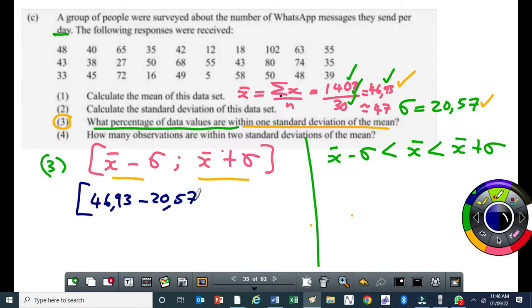Whatever value we get for the difference is the lower limit of that interval, which is one standard deviation. Then the upper limit will be 46.93 plus 20.57. Okay, it will be plus now.